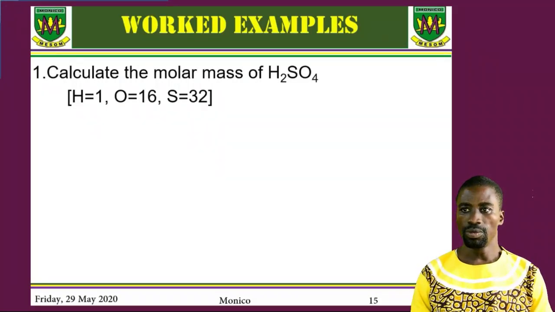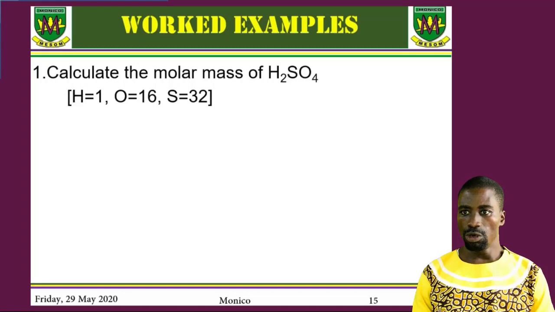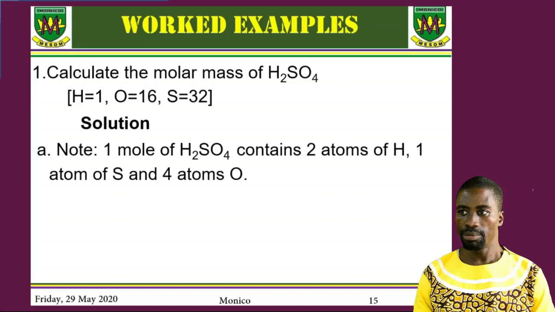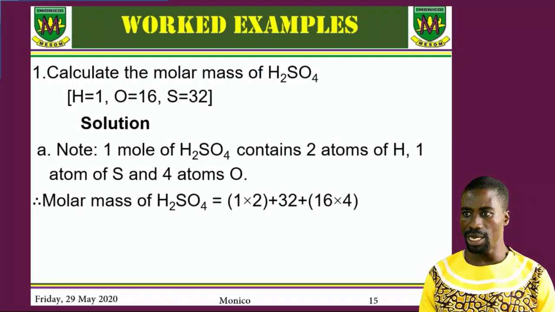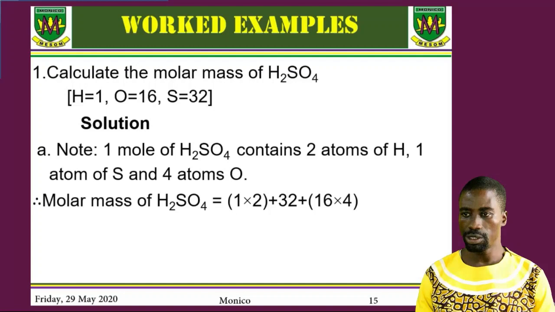Alright, so let's look at how we can do our calculation. As we saw in the case of relative molecular mass, here again we have the mass of hydrogen, which is 1, multiplied by 2 atoms of hydrogen that we have in H2SO4, plus 32 for sulfur, and then plus 16 times 4 for oxygen.